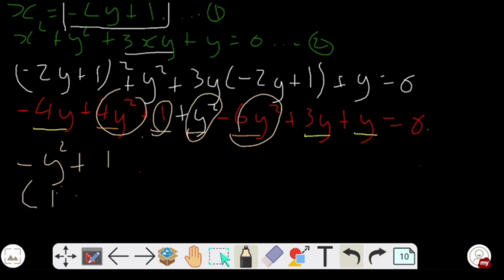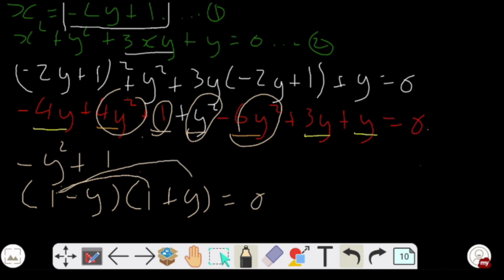Meaning from now on we can get the factors of y. 1 plus y equals 0. Let's double check. 1 times 1, it's 1. 1 times y, it's y, and then minus y times 1, it's minus y.